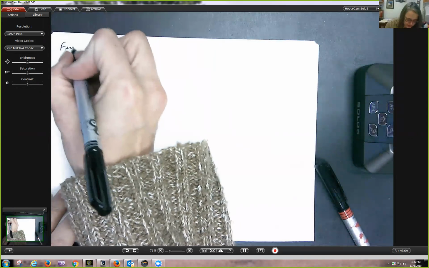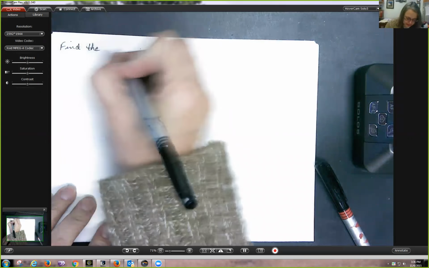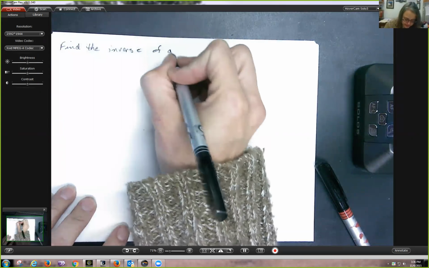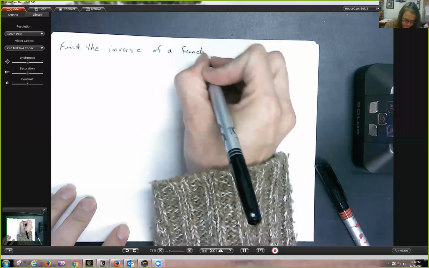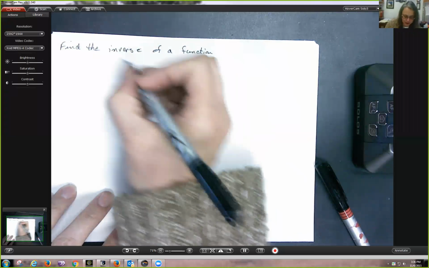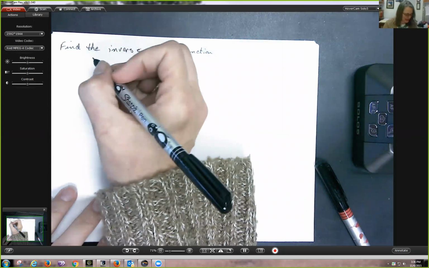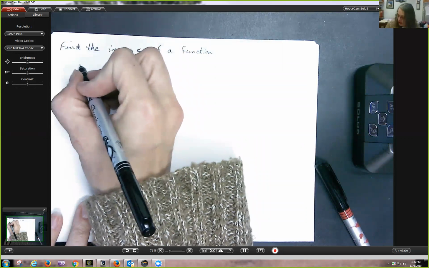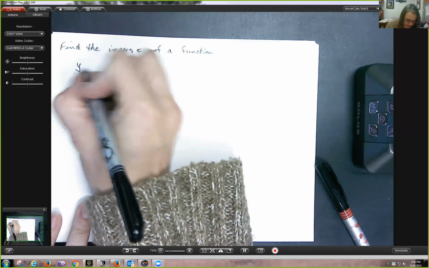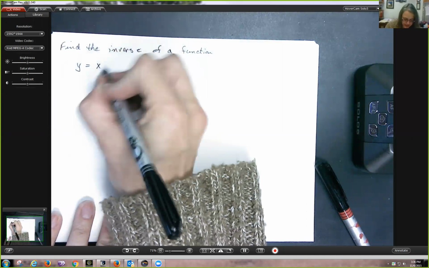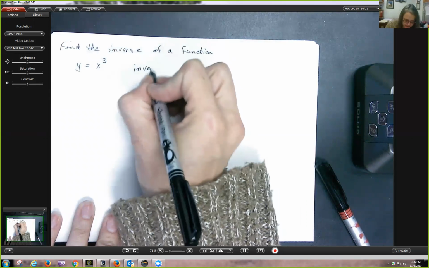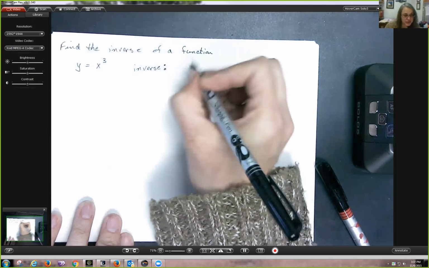It's pretty simple. To find the inverse of a function, the easiest way to do this is for me to show you. Let's find the inverse of the cube. So let's say my function is y equals x to the third power. To find the inverse, reverse x and y.